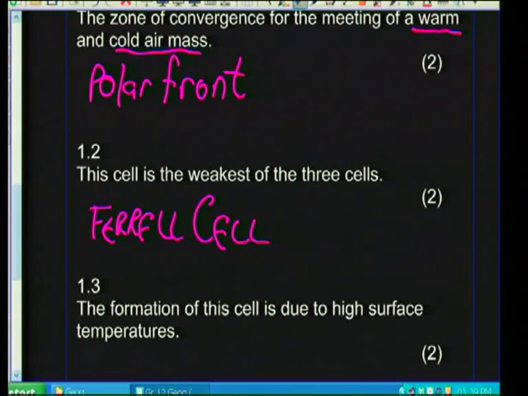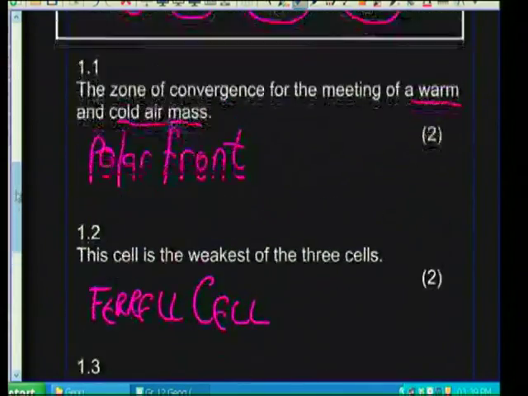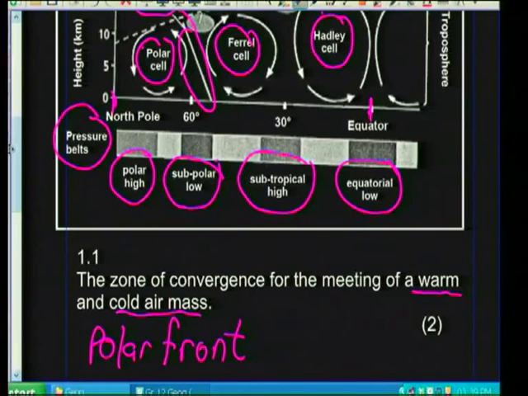Okay? Let's look at the next question. The formation of this cell is due to high surface temperature. And again, we can get the answer from the diagram. Let's look at this. We know that the region with the highest temperature is the equatorial region. And which cell is found in the equatorial region? It's the Hadley cell.